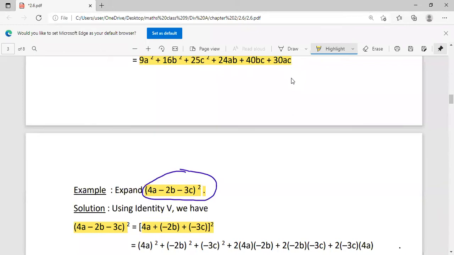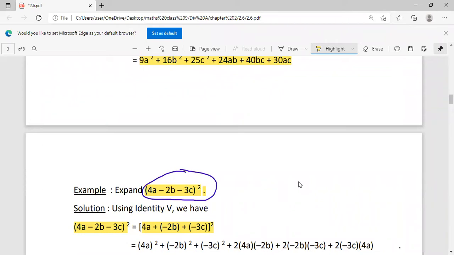Now you can write what x, y, and z are. What is x? Yes, x is 4a. And what is y? Y is minus 2b, not 2b.